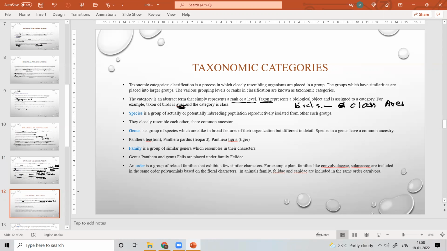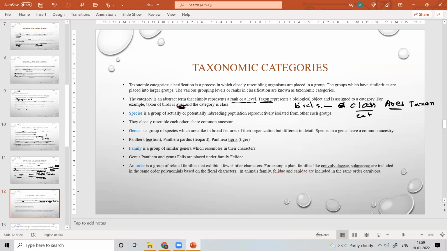So here Aves is the taxon, and the class is considered as the category, the level. What is the level? It is a class.